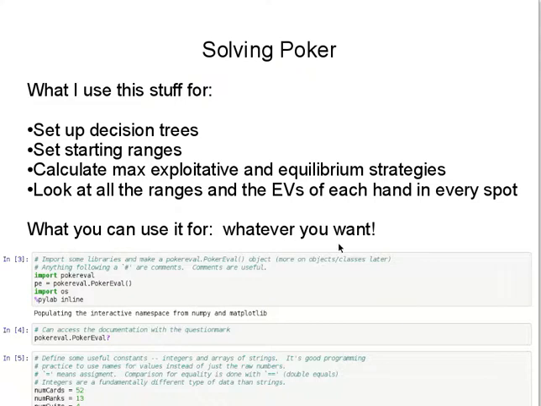However, you can use it for whatever you want. Certainly any of the computational solutions that I presented, say in Volume 1, should be no problem at all with this software. Some of the ones I did in Volume 2 required a lot of computer resources, a lot of memory and a lot of processor time.